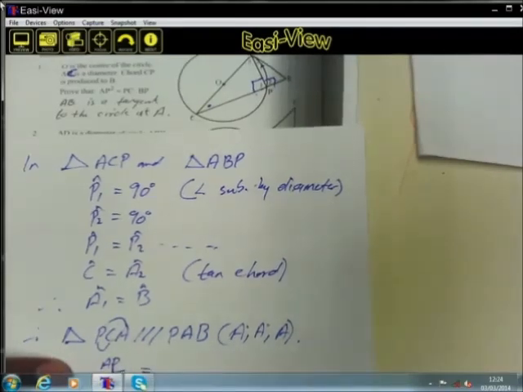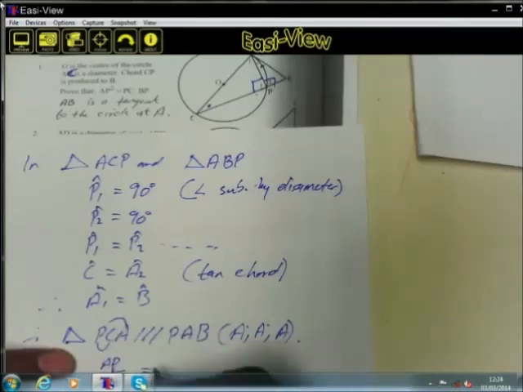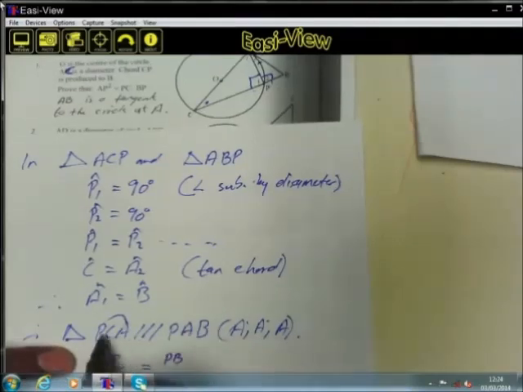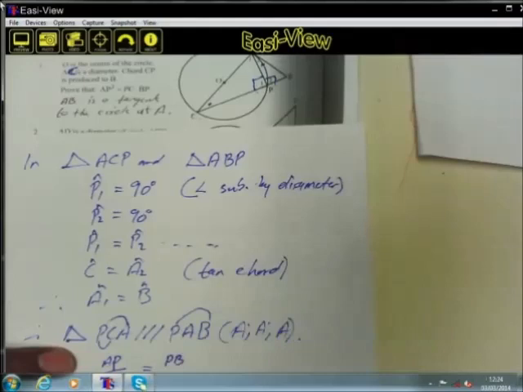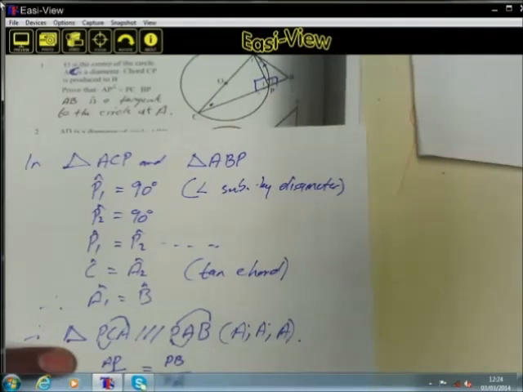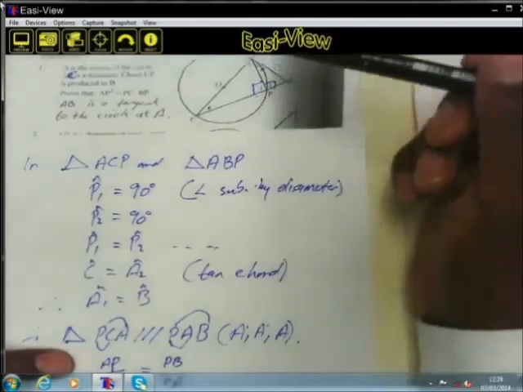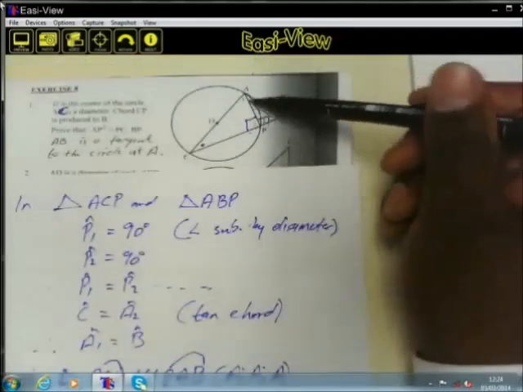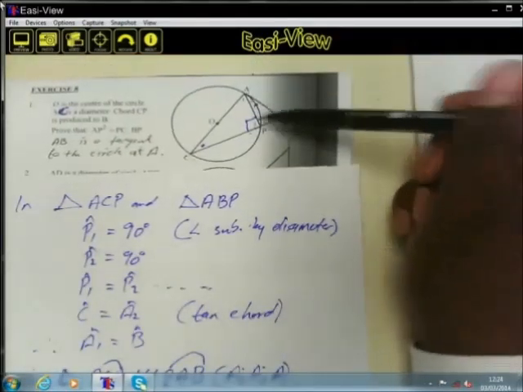Check on that other side, PA over PB. Because if you take PA on this side, that must be the ratio. If you take PC, you've got PA here. PA or AP, remember, same side. Here is the side if I have to show you. PA or AP, same thing.